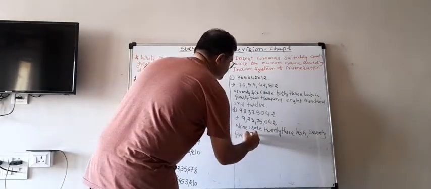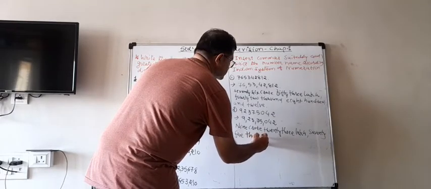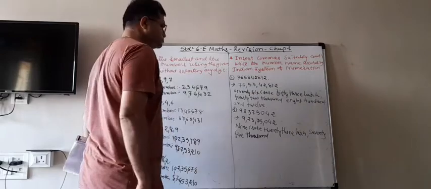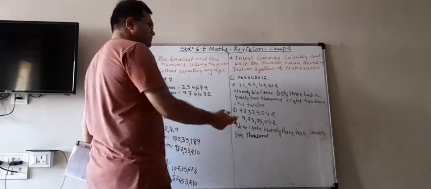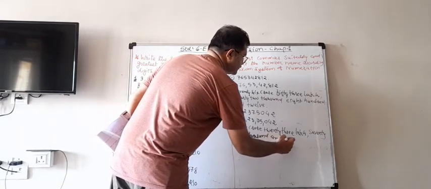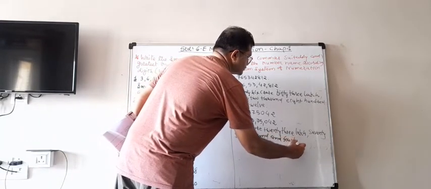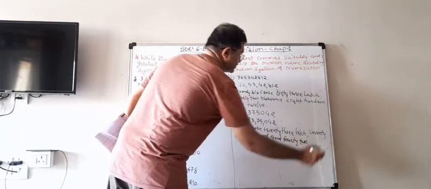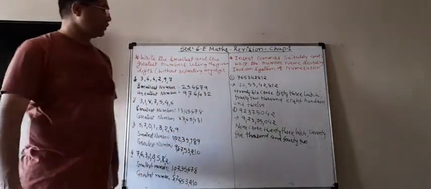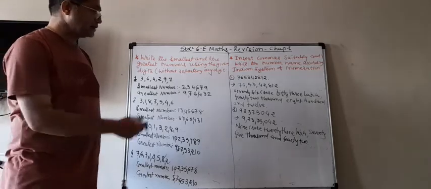The hundreds digit is 0, so we don't have to write hundreds. So only 42. That is how we write down the number name in this number.